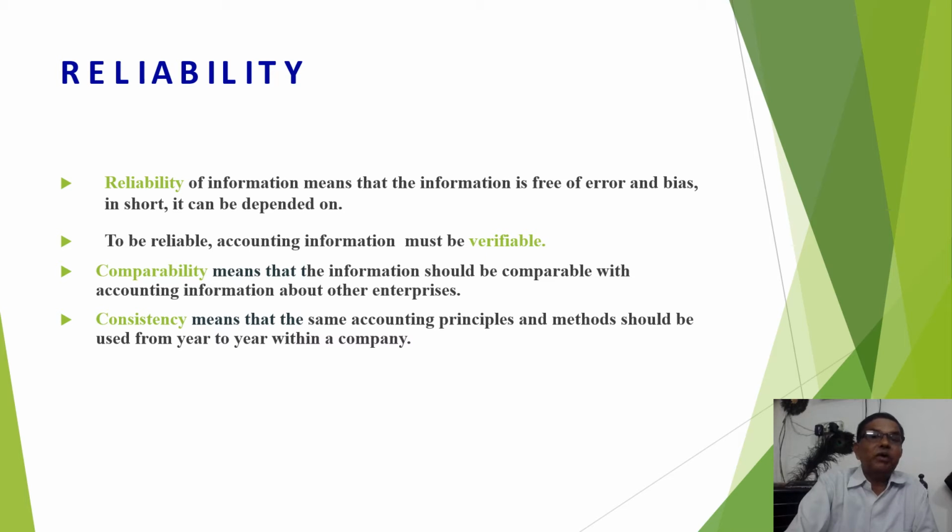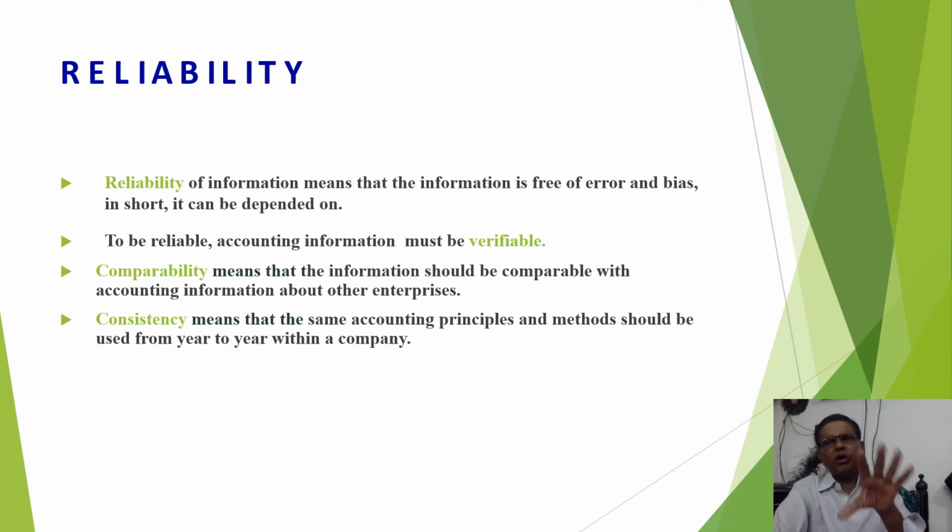Comparability means the information should be comparable with the accounting information of other enterprises, with other departments, and with other years as well. The third one is consistency. It means that the same accounting principle and method should be used from year to year within a company, because there are various methods of depreciation, valuation of inventory, and valuation of goodwill.